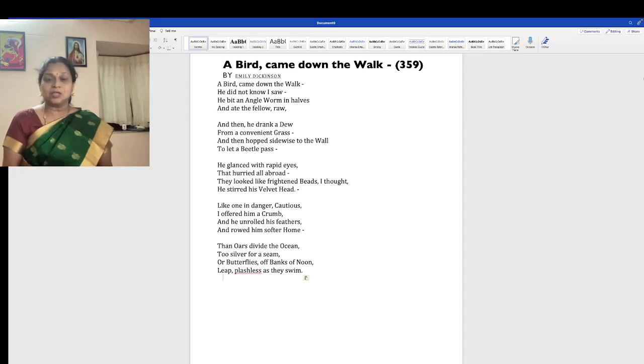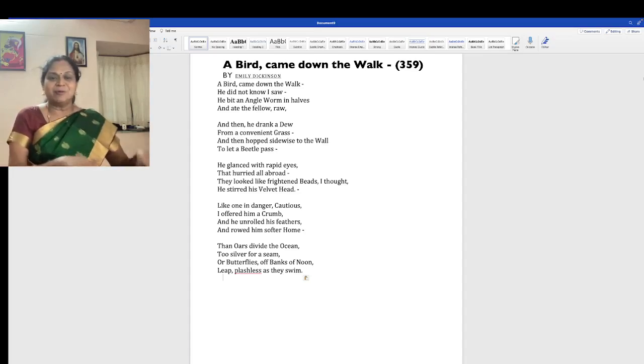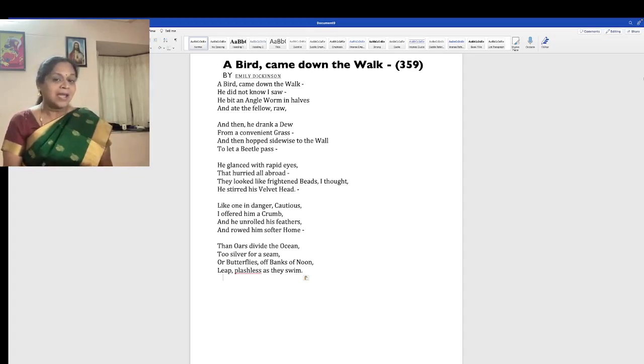And what does the bird now do? It then hops. Can you visualize it hopping? Okay, the bird then hops. Now not straight as we walk, but it's hopping sideways. Okay, so it is hopping sideways where, to the wall. And now look here, this is where we have to know. It looks at a beetle.